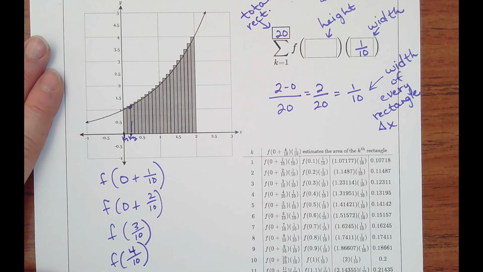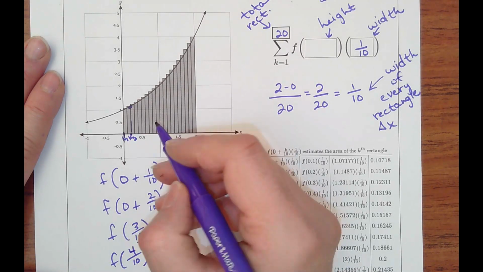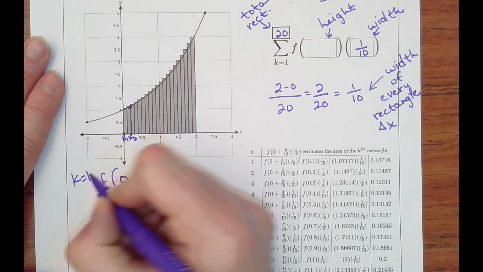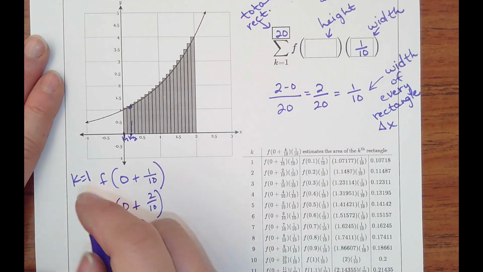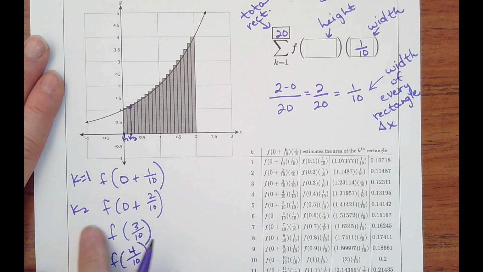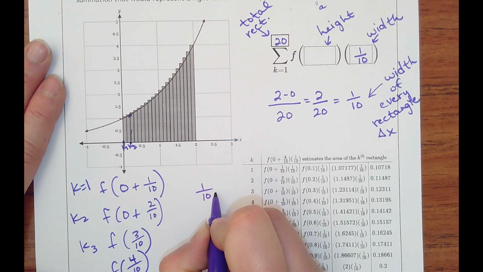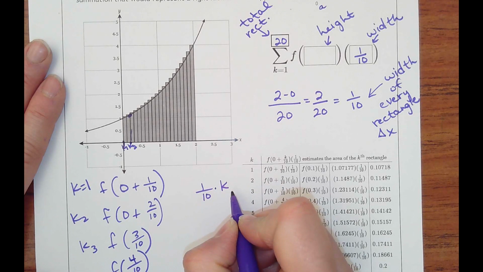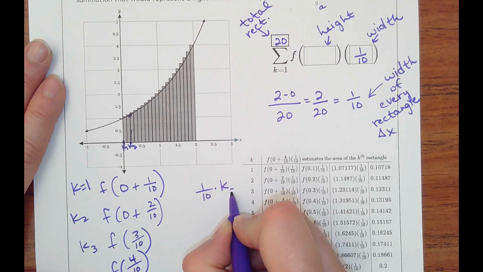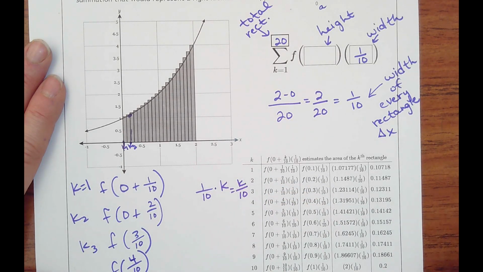So each time the numerator is changing because I'm getting more and more 1/10. I need to say my number is changing by k. The first rectangle, when k is 1, is 1/10. My second rectangle, k sub 2, would be 2/10. K sub 3 would be 3/10. So the way I could write a pattern for any of these rectangles is 1/10 times k, which I can multiply and say is k tenths.